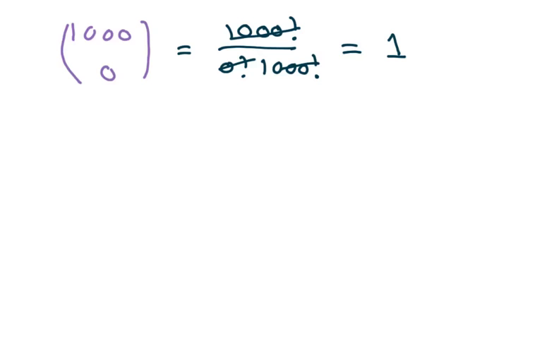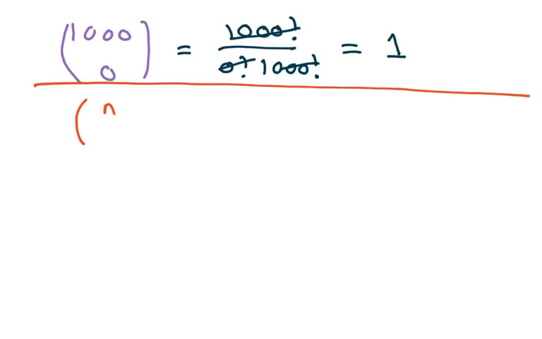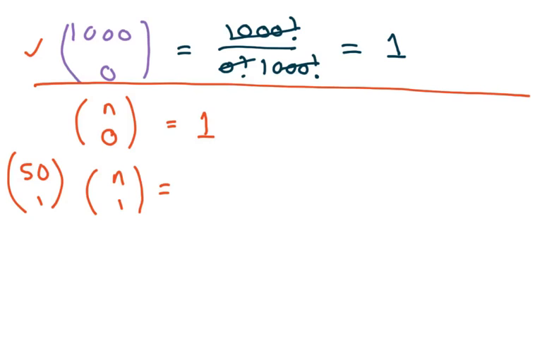Now, some useful formulas you need to know, so you're not always having to go to the calculator: nC0, just like we had here, equals 1. Okay, nC1, which is the one we had with 50C1, equals n.